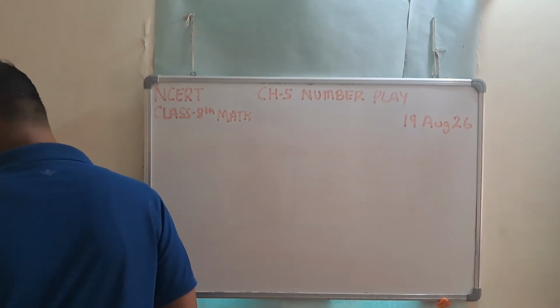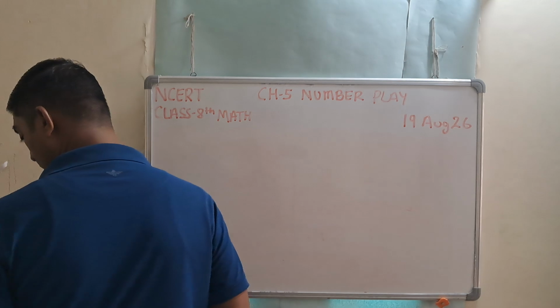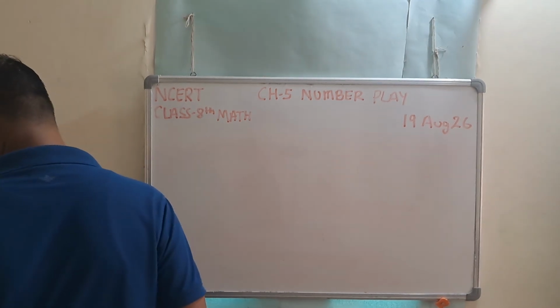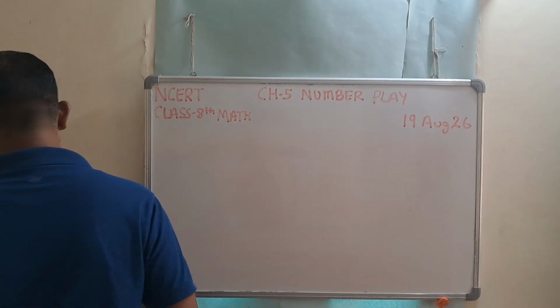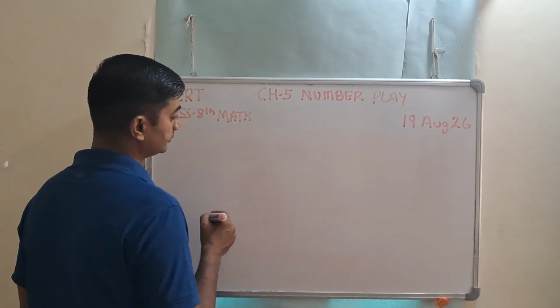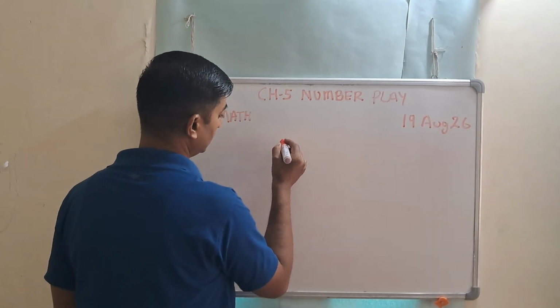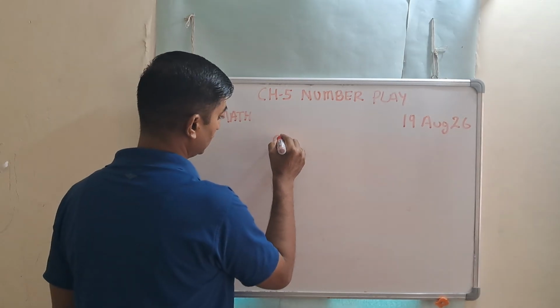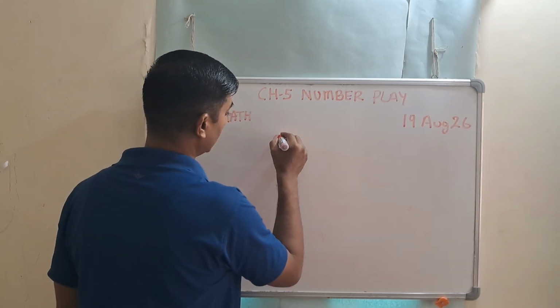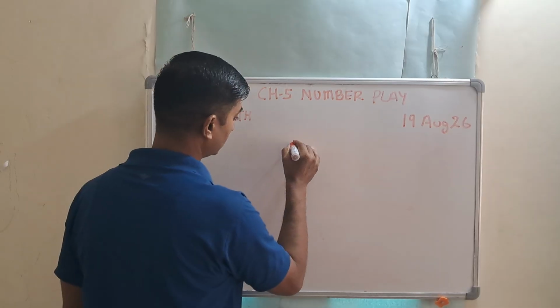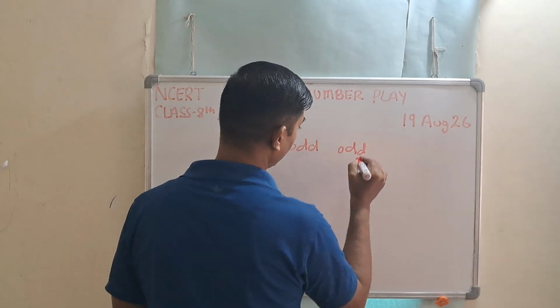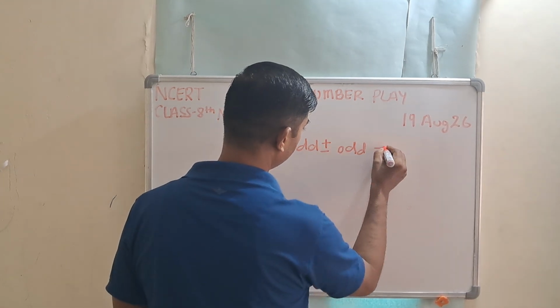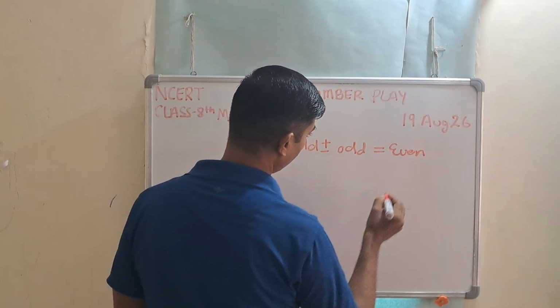And what is the conclusion? The conclusion is that, now see, we know that addition of odd and subtraction of odd is always even.